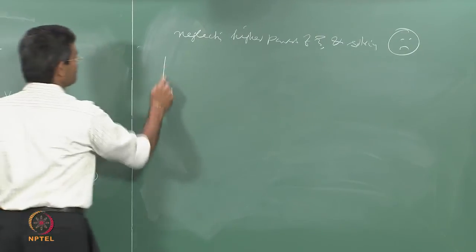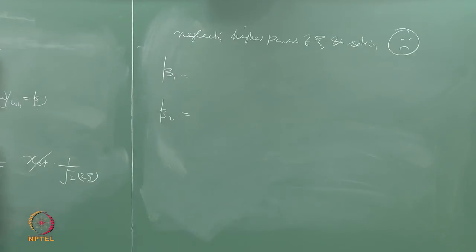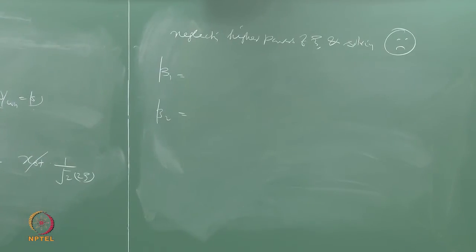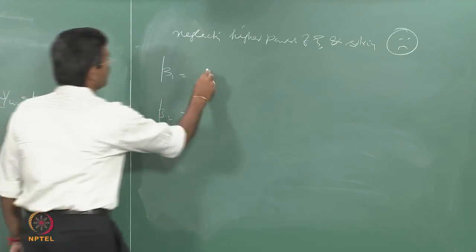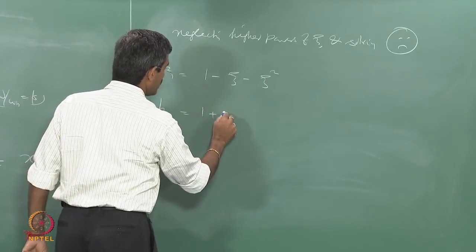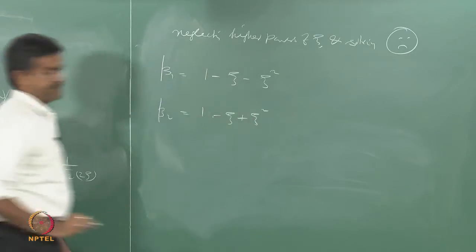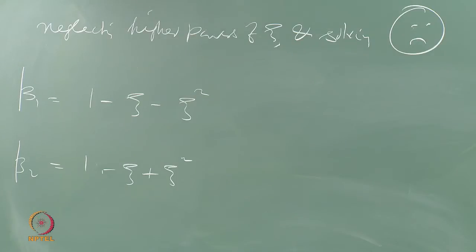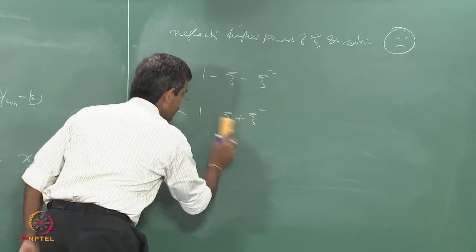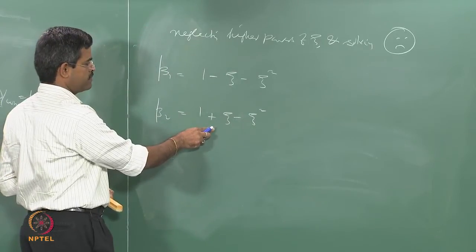We write directly beta 1, beta 2, 1 minus zeta, 1 plus zeta, plus zeta square. Sorry, you please change this. This is plus and this is minus. Please make a change here.